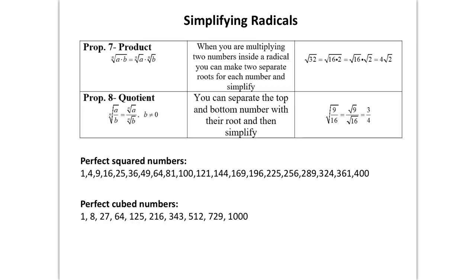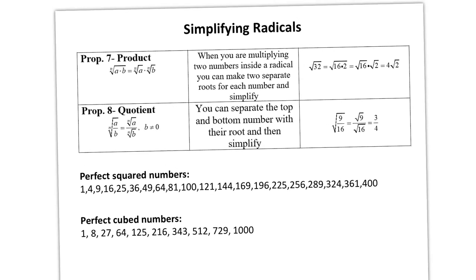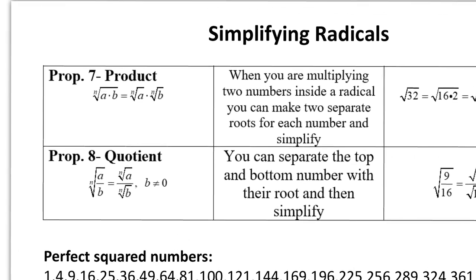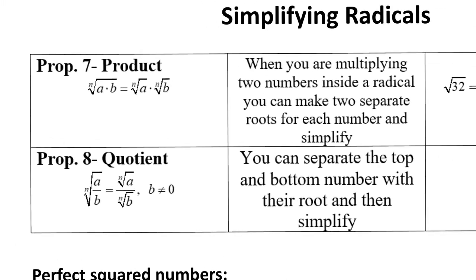On the screen, you see the product property and the quotient property. Just a quick review on the product property: when you want to simplify radicals, if you have two numbers multiplying inside of the radical, you can separate the two radicals and simplify each one of them.